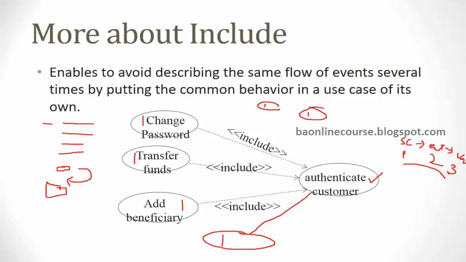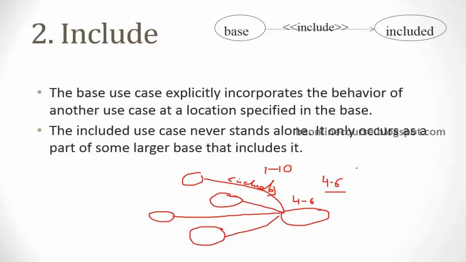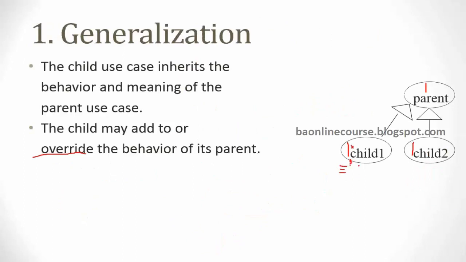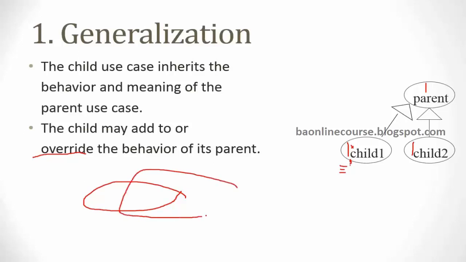Or, if you have to put it in a different way, I would say generalization. Let's say there is a use case, right? And let's say there are 2 use cases, and a significant part of that is common, right? Let's say 80% is common.